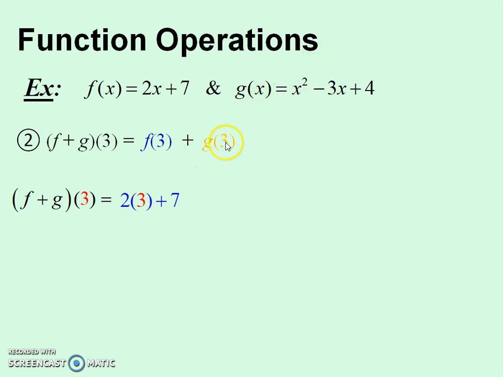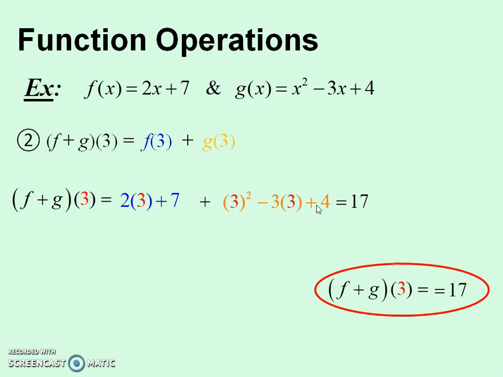And g, which I've color-coded orange, I would take that whole function and add in 3 as the x there. And if I simplified this, I'd get 2 times 3, which is 6, plus 7 is 13, plus 9, 22, minus 9, that's back to 13, plus 4, 17. It's the same value that we got the other way, which it should be. And that's how you evaluate an operation of a function at a particular x value.